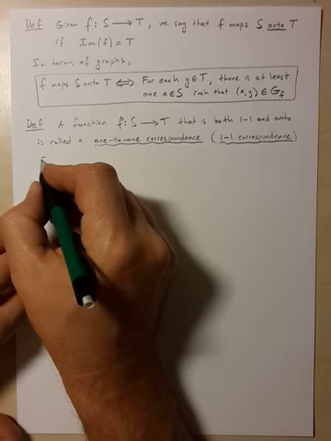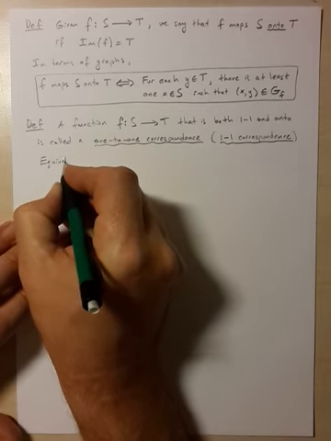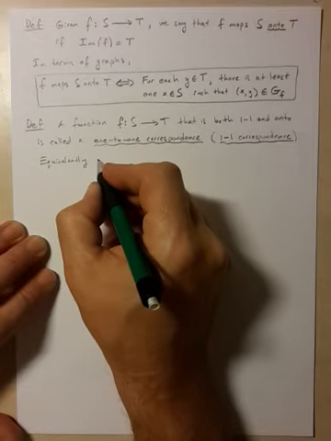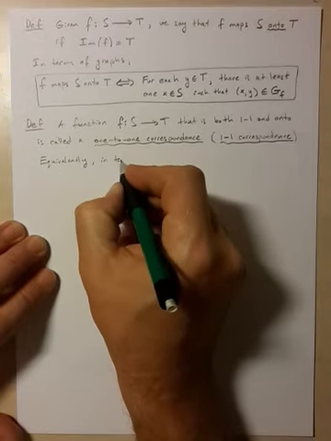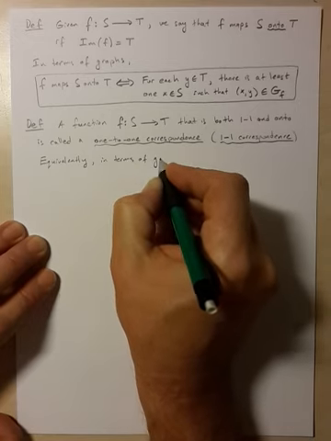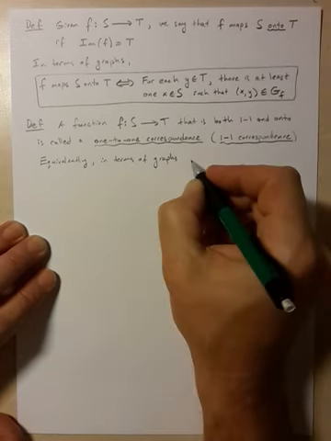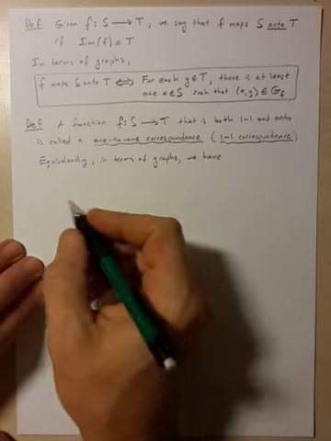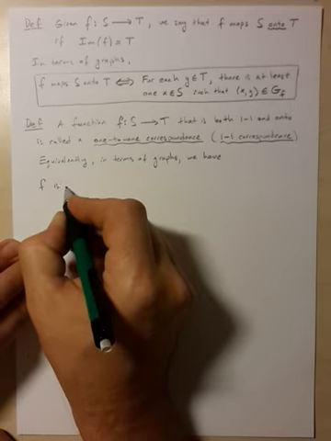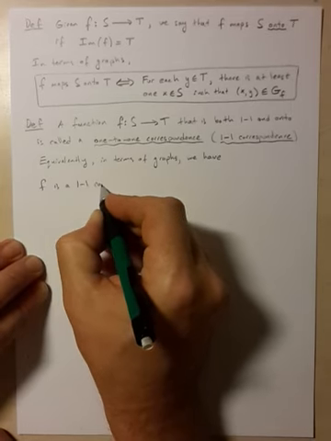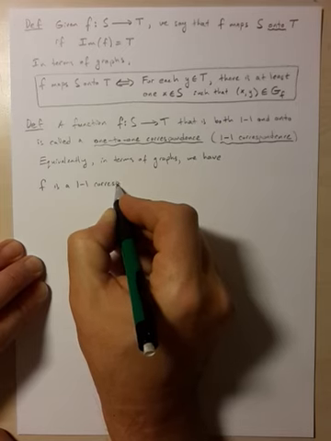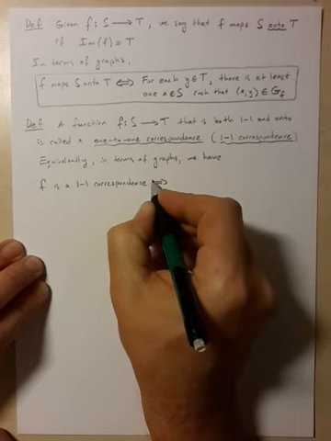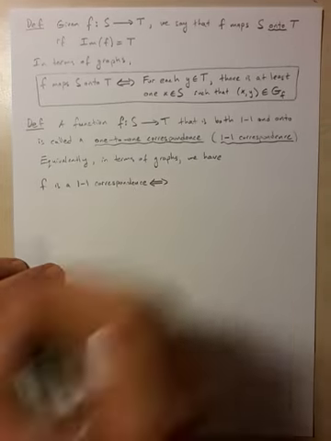Equivalently, in terms of graphs, we have the following. f is a one-to-one correspondence if and only if, what is the condition in terms of graphs?